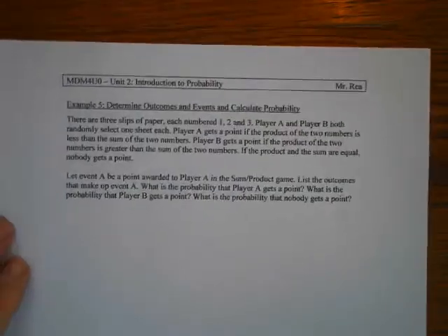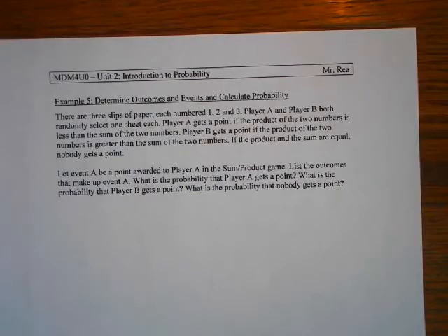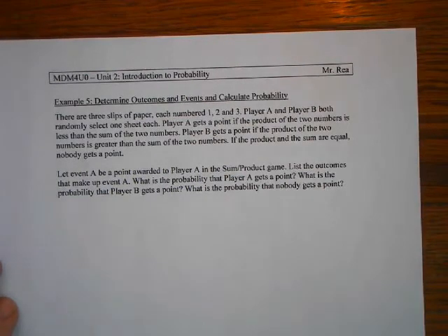Okay, last example. So this actually is in the textbook. So now they put this as their first example. I found it kind of intimidating to students to see this as the first question.